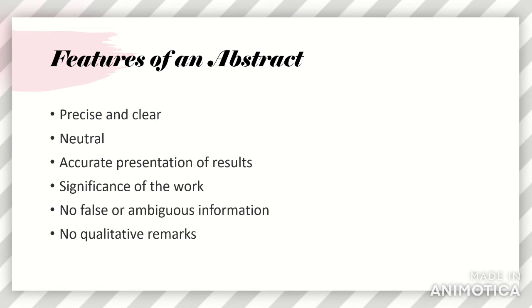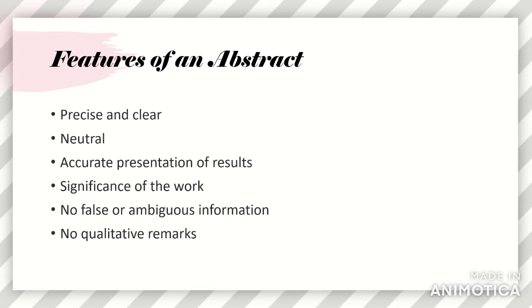If you do so, people will have a negative impression of you. The significance of the work needs to be informed at the first stage when they read your abstract. And you must avoid a few things like ambiguous words, ambiguous information, vague information, and false or manipulated information.